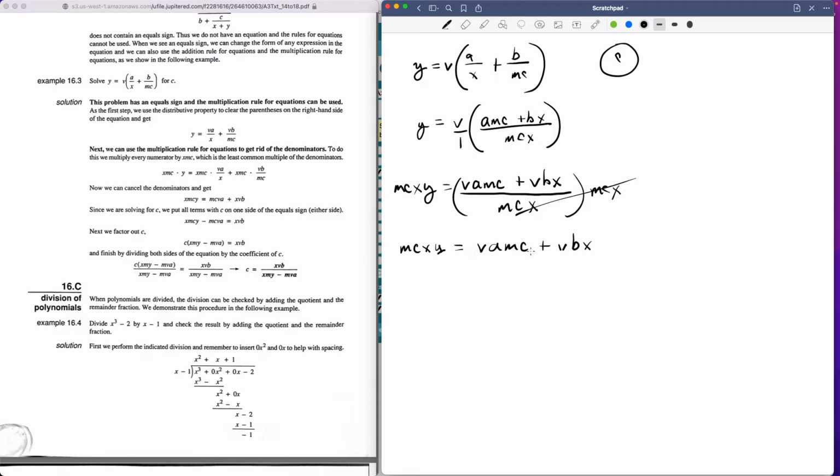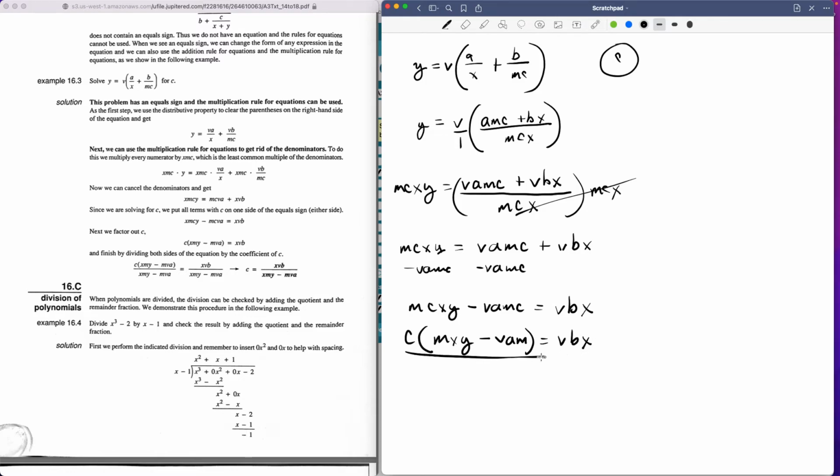So we have to subtract that from both sides, vamc minus vamc. So we have mcxy minus vamc is equal to vbx. Now we can factor out the c. So we take c and we're going to multiply it times mxy minus vam equals vbx.